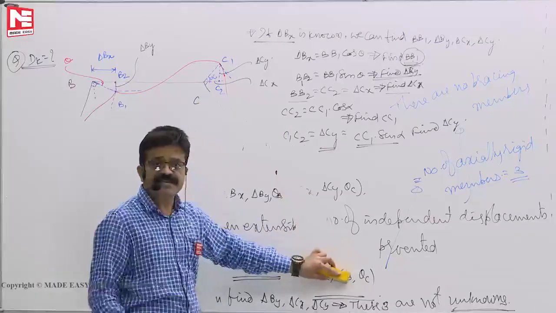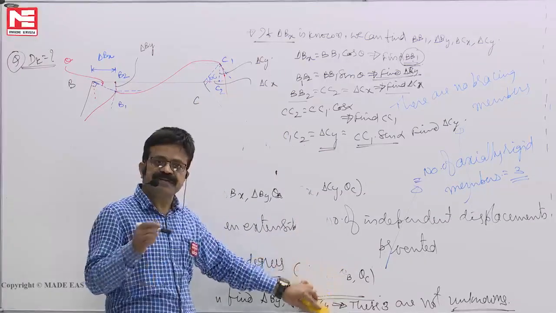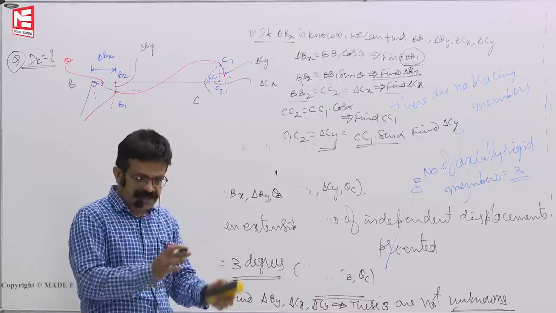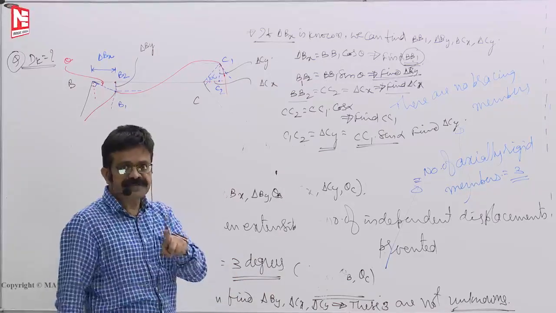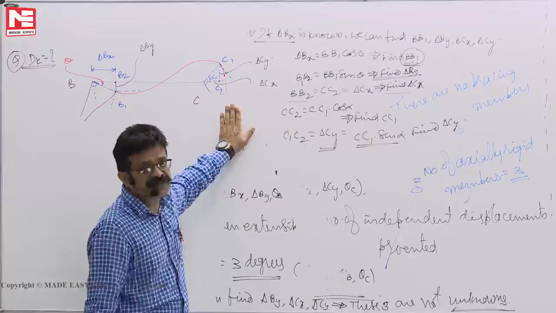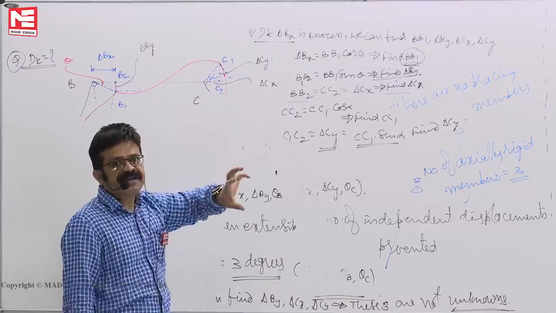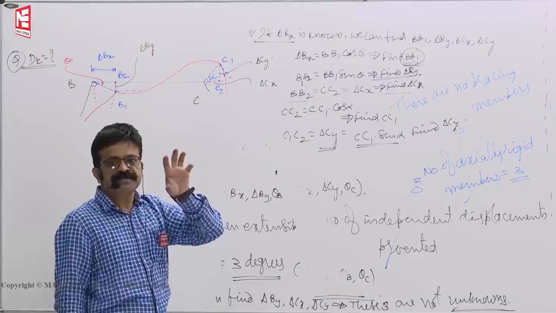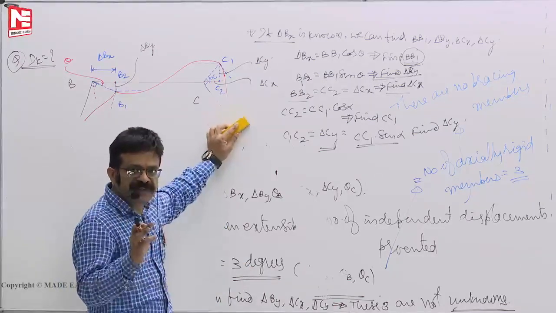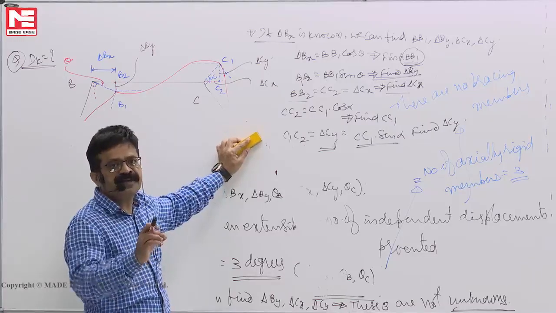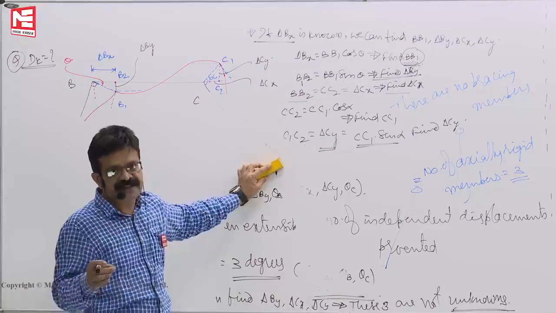In plastic analysis, we also get number of independent displacement modes. That means how many beam mechanisms, sway mechanisms are there. Those types of mechanism are different from degrees of freedom. Kinematic indeterminacy is different from displacement mode. That displacement mode, if they give, is it a failure by beam mechanism or sway mechanism or combined mechanism?